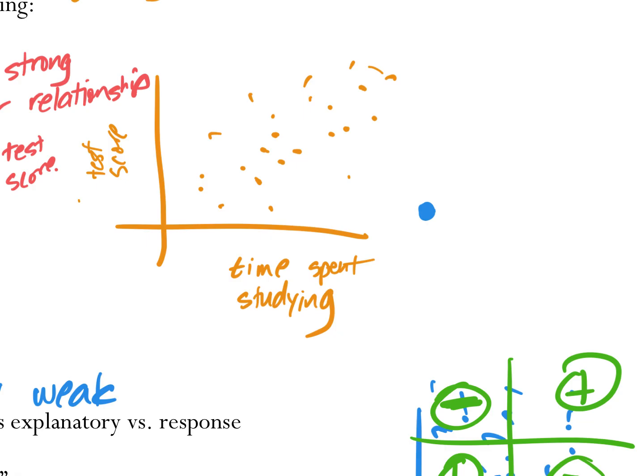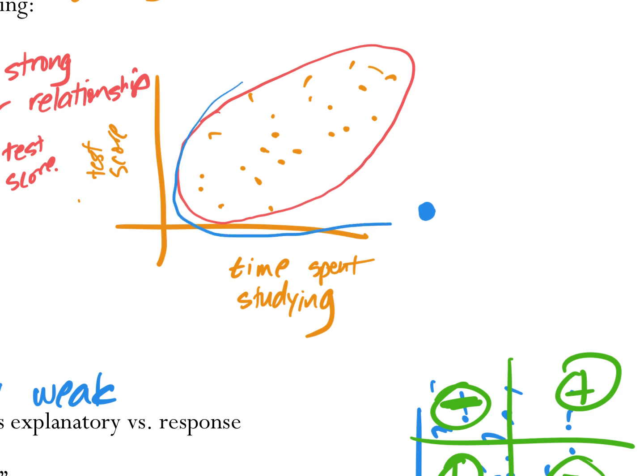I want you to think about the correlation in that setting as the bubble. I have that bubble if I'm not including the blue point, and in order to include the blue point, I have that bubble. Which one shows more of a linear relationship? The red one, right?